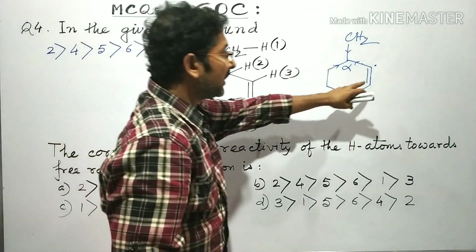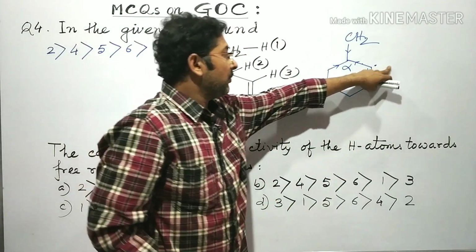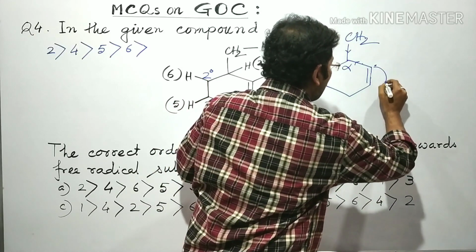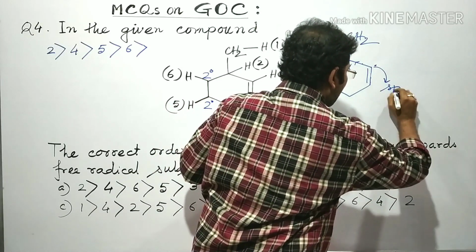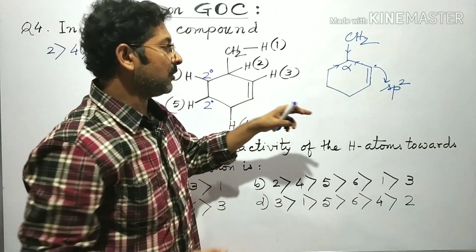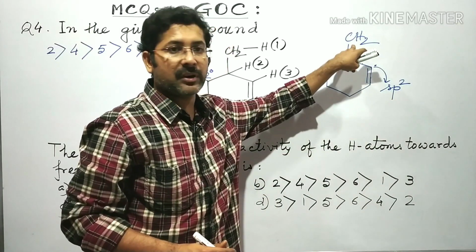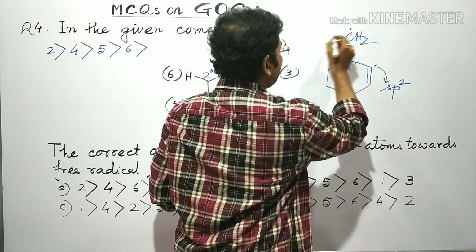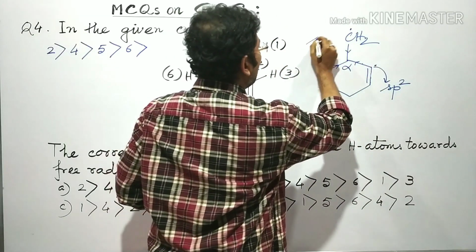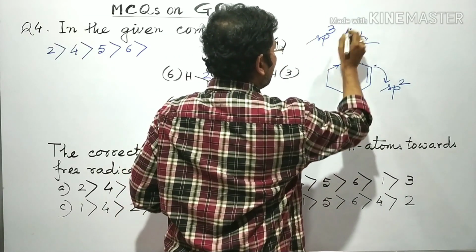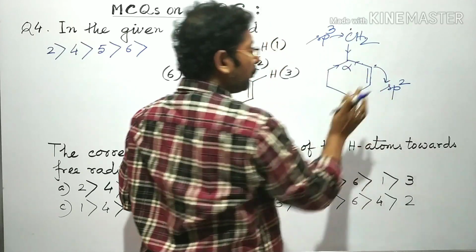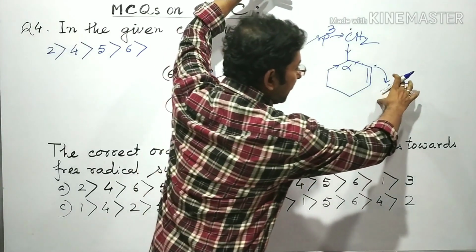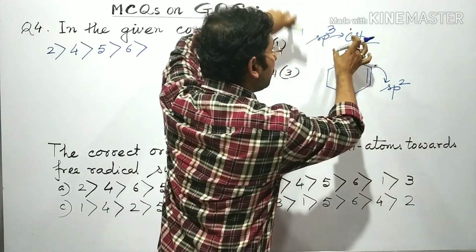Definitely this is a vinylic free radical. This carbon is sp2 hybridized, and sp2 hybridized carbon is more electronegative than sp3. This carbon is sp3 hybridized, and this carbon is sp2 hybridized.